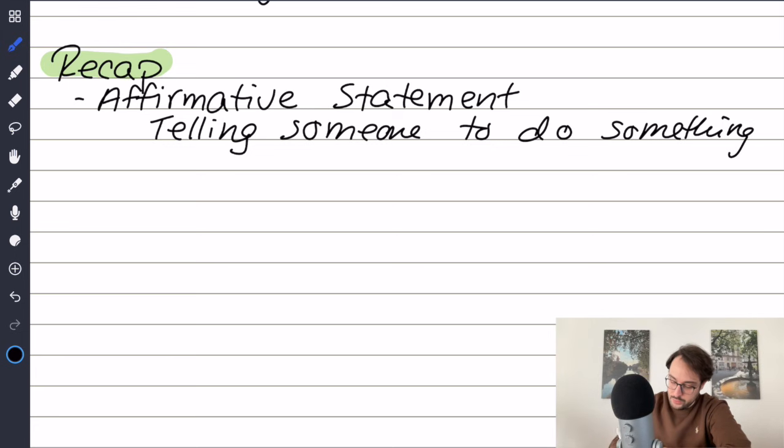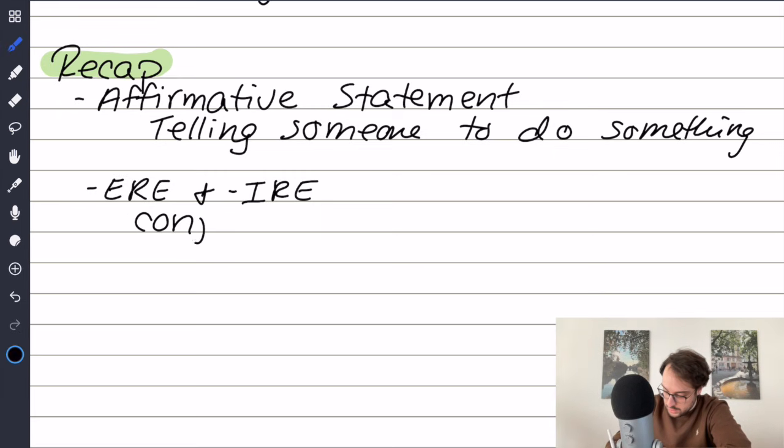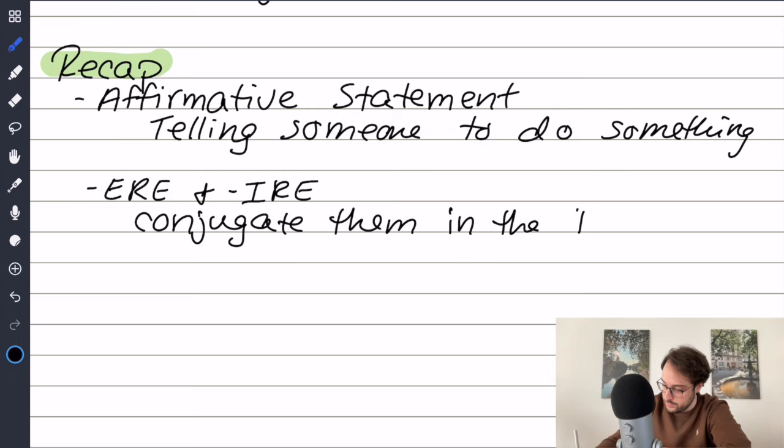All you have to do for ere and ire verbs, that looks really sloppy. So for affirmative things, for ere and ire verbs, what you do is conjugate them normally. Conjugate them in the present. That's it.